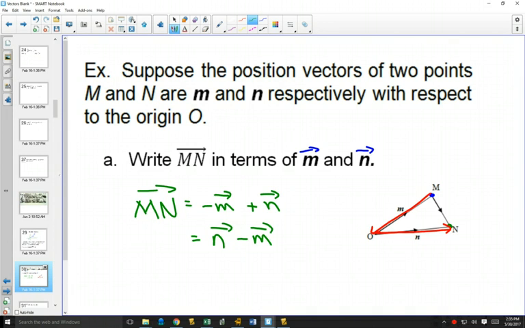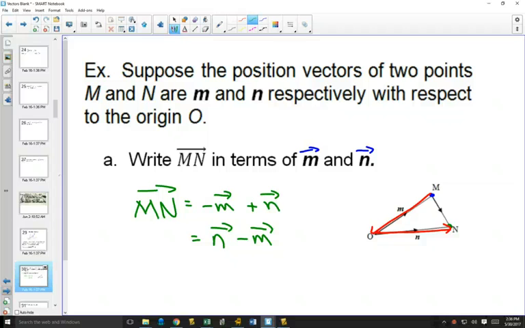But visualizing it, I didn't imagine doing N first and then going minus M. According to my diagram, I visualized going minus M first and then plus N. And I find in this unit particularly, if you can visualize how you're going from one place to another, it makes the vector math a lot easier.